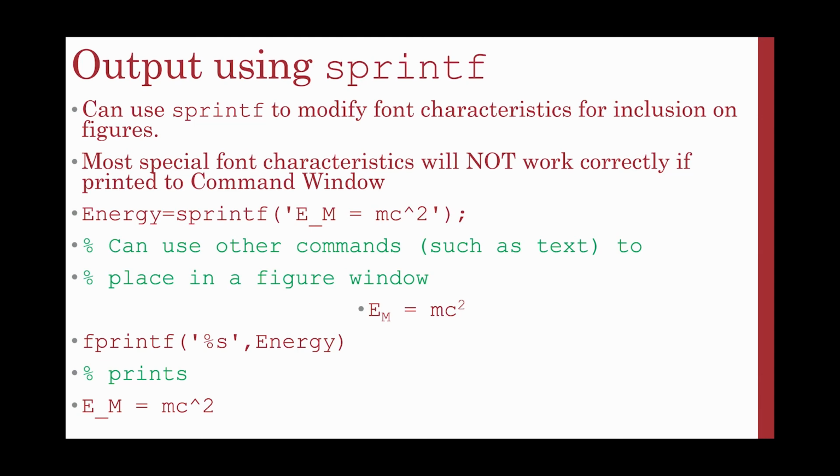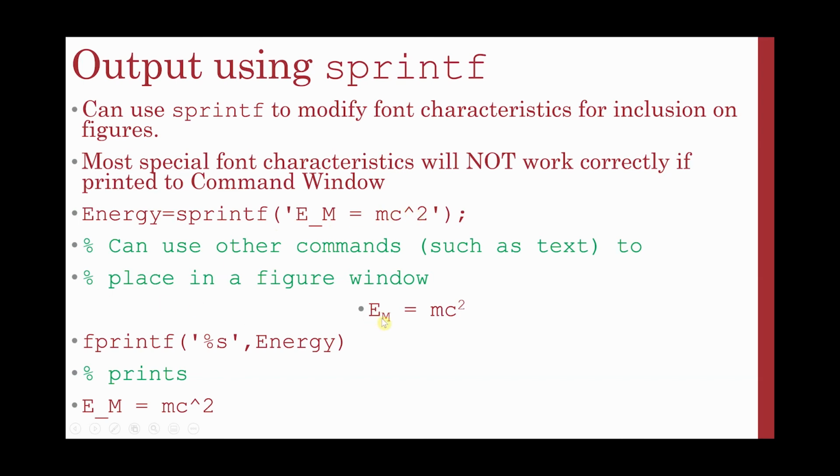For example, we'll just print the equation E sub m equals mc squared. To do this using the sprintf command, you would write energy, which is a variable that you want to store it in, is equal to sprintf of our text string, which is E, the underscore means sub, equals mc, the caret means squared.